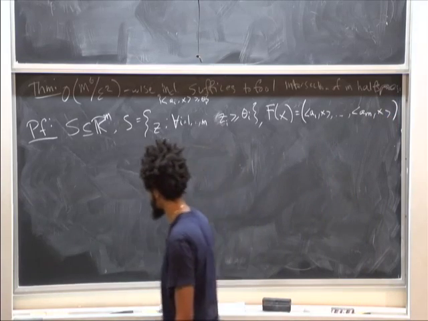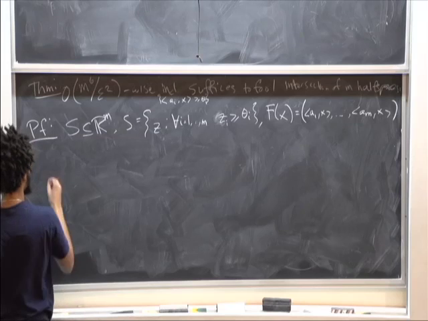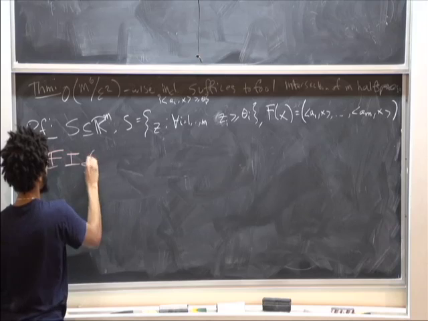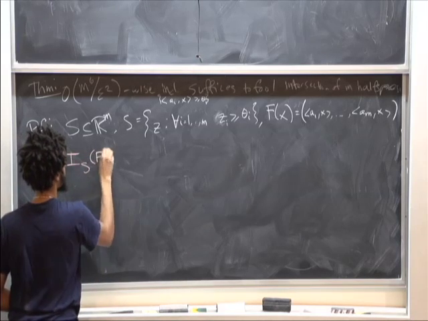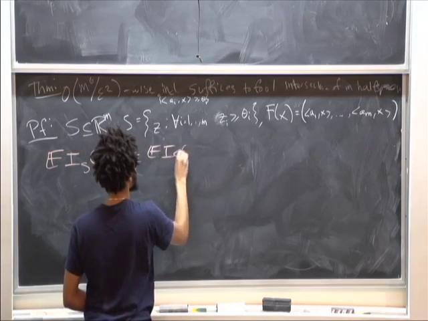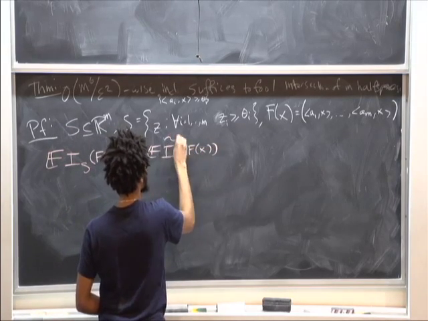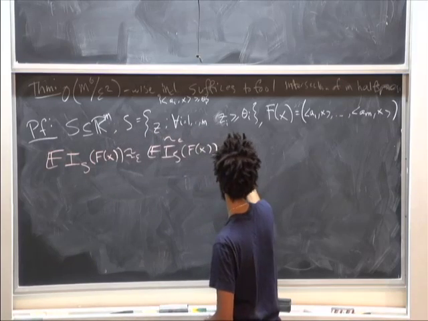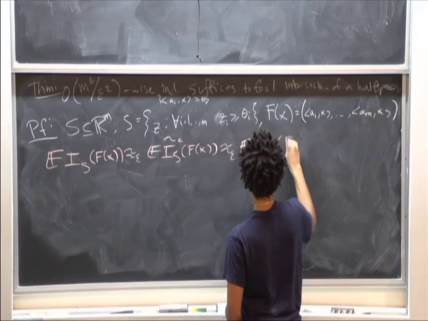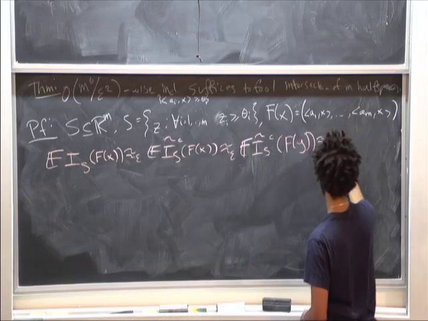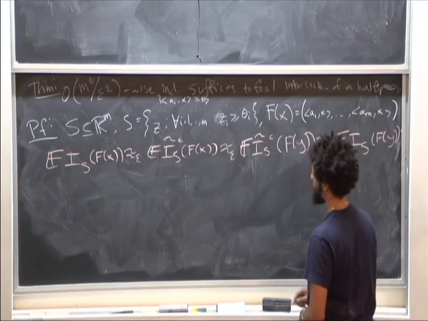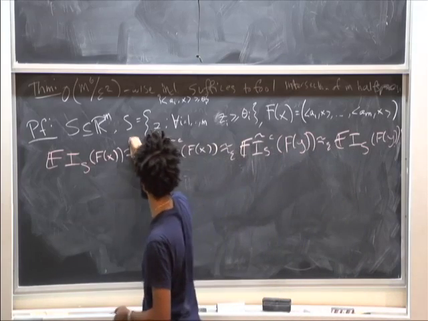So really, what I'm going to show is that the expectation of the indicator function of S evaluated at F of x is close to the smoothed version. And then you can move to k-wise independence, and then back to the original function. Okay, and let me label these things.